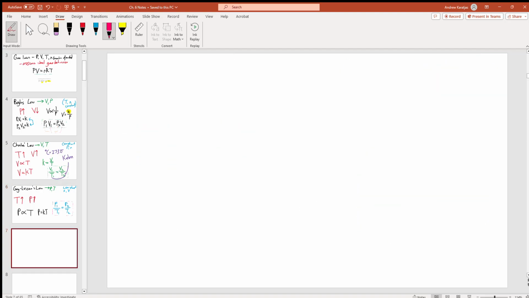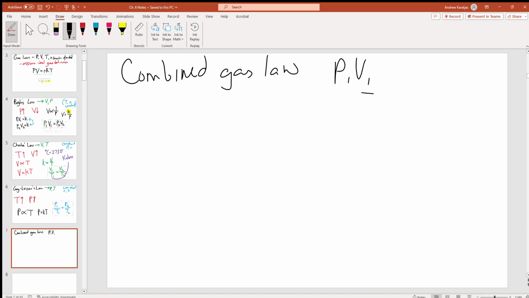Now, we can combine all of this together into what is maybe not so creatively referred to as the combined gas law. The combined gas law, P1 V1 over T1 equals P2 V2 over T2.